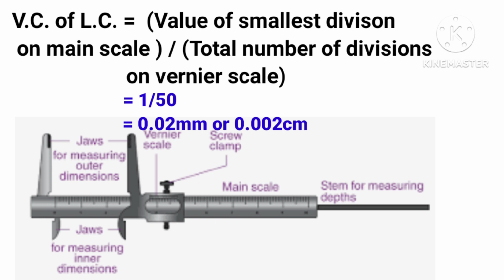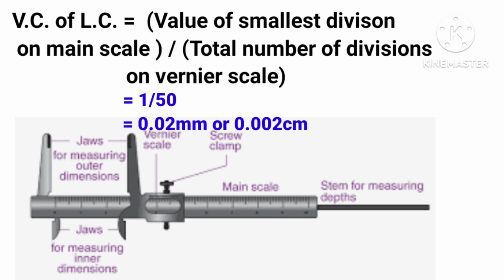Formula: how to find out? Vernier Caliper least count is equal to the value of the smallest division on the main scale, you can see in the image, divided by the total number of divisions on the vernier scale.